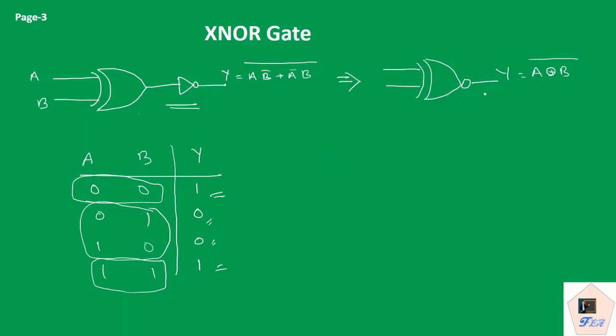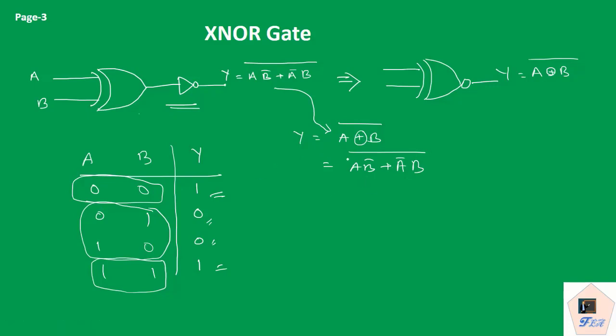Now let us see, by simplifying, what we are getting as A exclusive or B bar. So Y is given as A XOR B whole bar. If we elaborate this, we can replace it here. So we are getting (A B bar plus A bar B) whole bar.